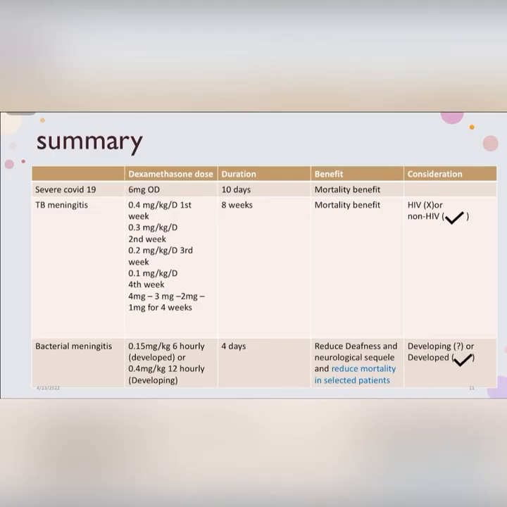As a summary here, in severe COVID-19, you can give dexamethasone 6 milligrams once a day for 10 days. It really has mortality benefits. For TB meningitis, these 4 doses are for the first 4 weeks, and this is for the tapering of the steroids.